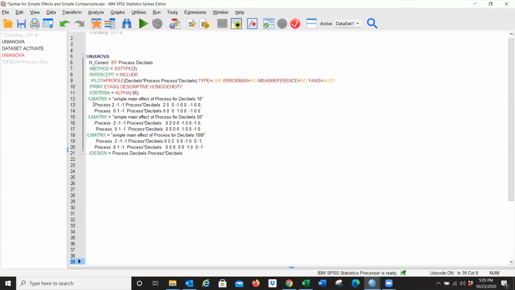We want to do the simple main effects of process across levels of sound, and we had our two comparisons. Well, lo and behold, here they are. So we've got process, it was up here, process, the first one, 2 minus 1 minus 1, and then we need to tell SPSS, by this process by decibels, that we're decomposing the interaction.